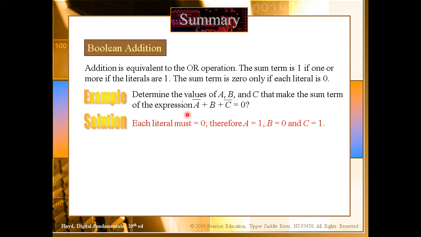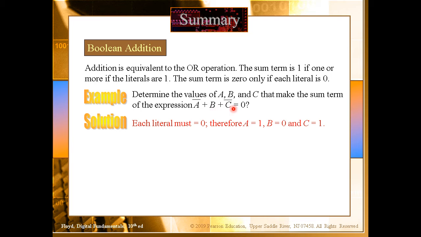Now let's look at the first literal. The first literal is a prime, or a bar. If a prime is 0, that means a is 1, because a prime and a are complements of each other. So that's why we wrote a equals 1. Now, as you can guess, b equals 0.